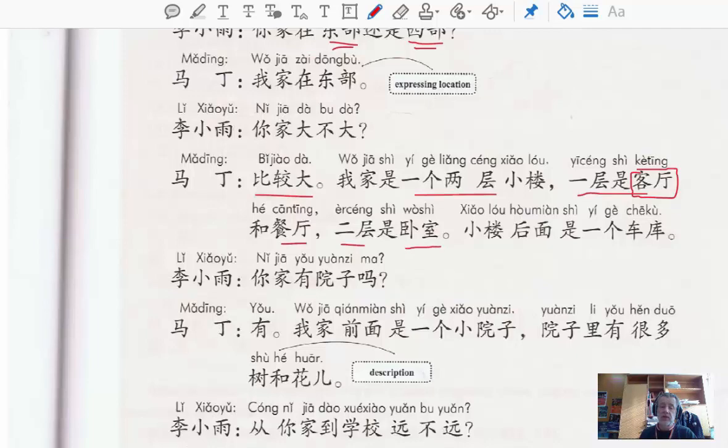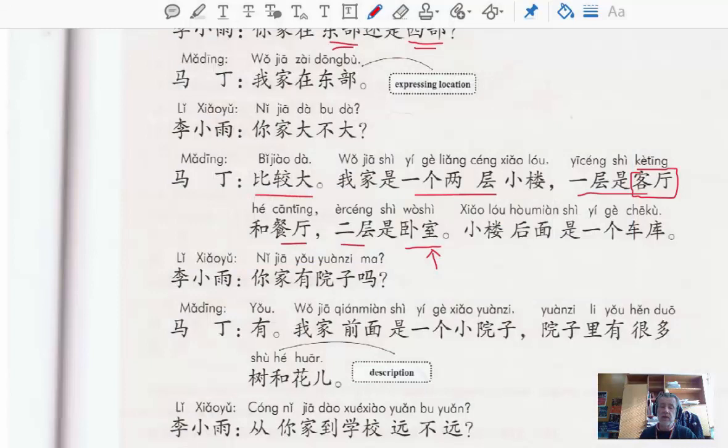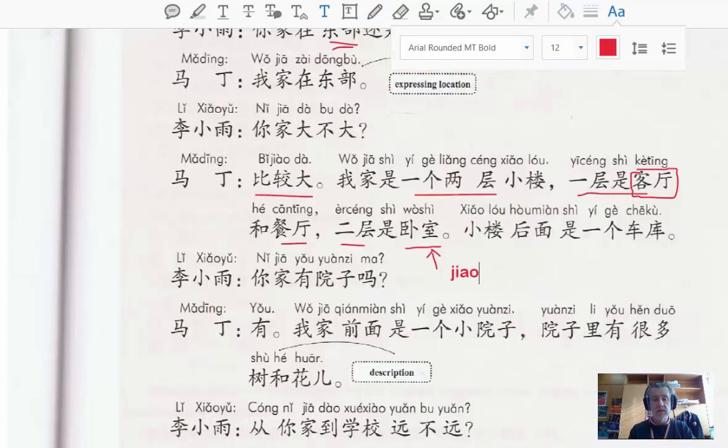So 室 we've come across before with the word 教室.